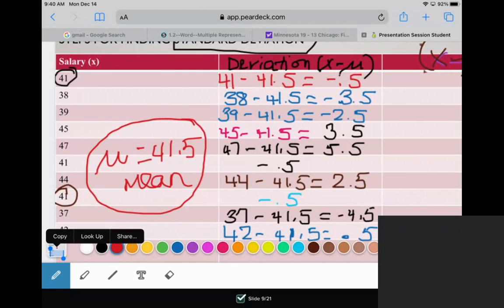Okay, all right, so just to remind you that the mean is 41.5, that is the same thing that I subtract. If I have the same values, like the 41 happened 3 different times, I don't have to subtract again because I know the difference is negative 0.5. I'm doing the same thing for everything else. Question before I move on to the next column?